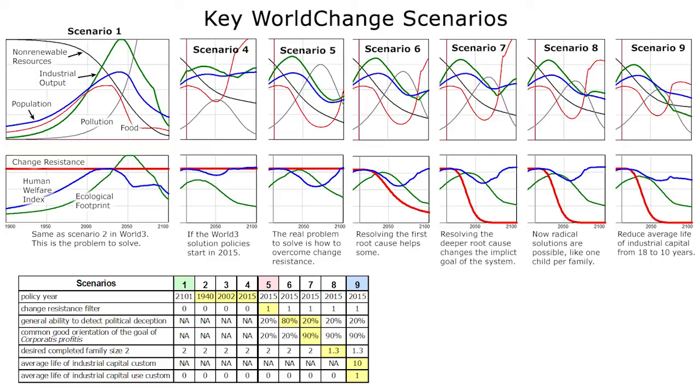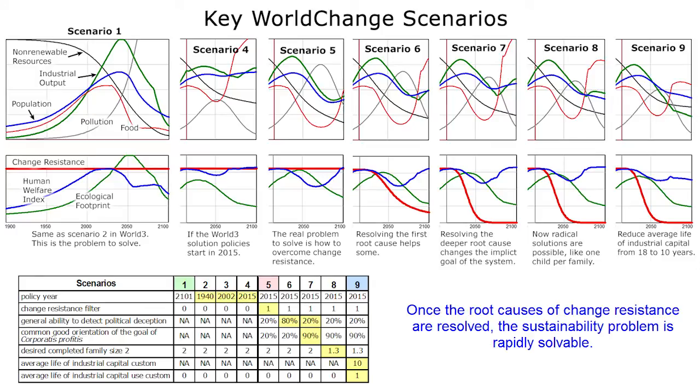Our final conclusion is that once the root causes of change resistance are resolved, the sustainability problem is rapidly solvable. The problem becomes solvable once change resistance falls to 0 in Scenario 7. Once that happens, the system now desperately wants to solve problems like climate change because large corporations all over the world want to solve the sustainability problem.